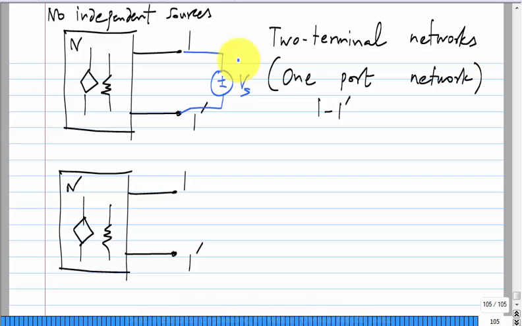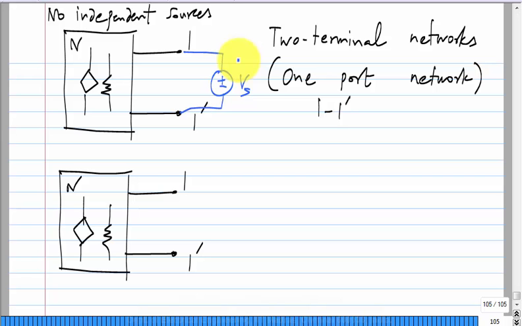I have a network N, it has no independent sources, voltage source or current source, but it has linear resistors and linear controlled sources. There are two terminals coming out of it, one port, and to that one port I connect a voltage source Vs.